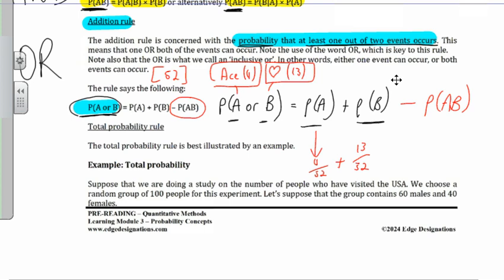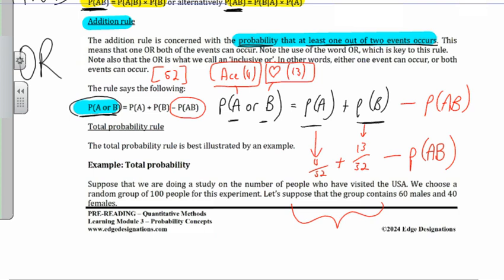Is everybody comfortable with that? But look what I need to minus, because remember, guys, there's going to be one card that is both an ace and a heart. So what am I doing with a minus? I'm saying minus the probability of picking that one card that's both an ace and a heart, because I've already accounted for that over there. Does that make sense, guys?